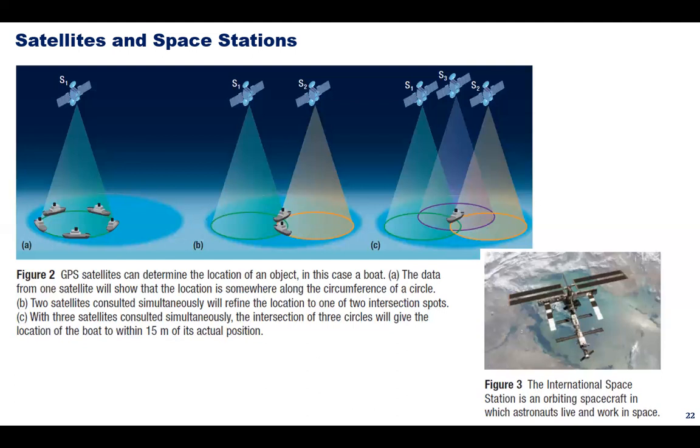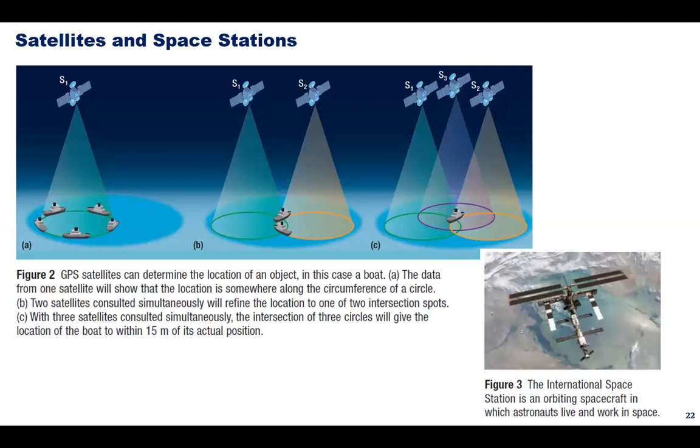A single satellite can identify the boat's location somewhere along the circumference of a circle. 2 simultaneous satellite signals can pinpoint the location at one of 2 intersecting spots, where 2 circles intersect. With a third satellite, and therefore 3 intersecting circles, the boat location can be pinpointed. This is referred to as triangulation.